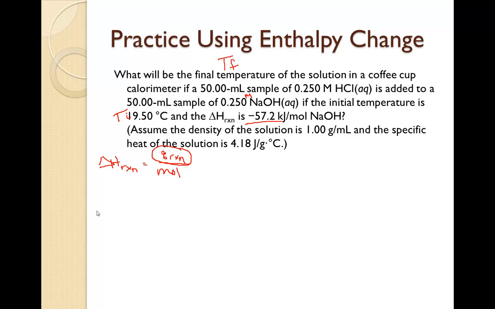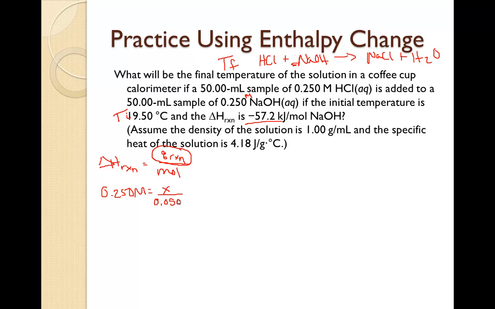If we look at the reaction itself, this is the balanced chemical equation. We can determine how many moles there are that were used by looking at the molarity and the fact that the coefficient is 1. So 0.250 molar is equal to X. We need it in liters, so I'm going to divide it by 1,000.